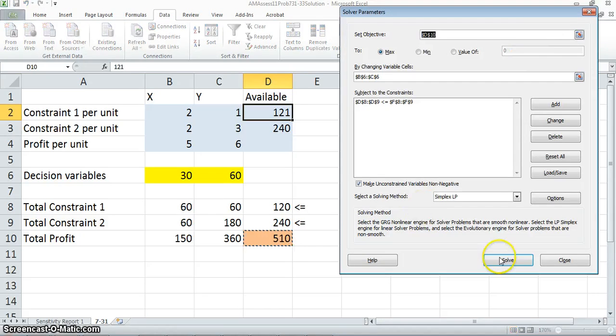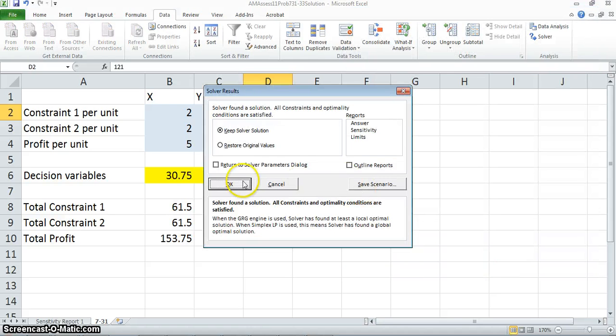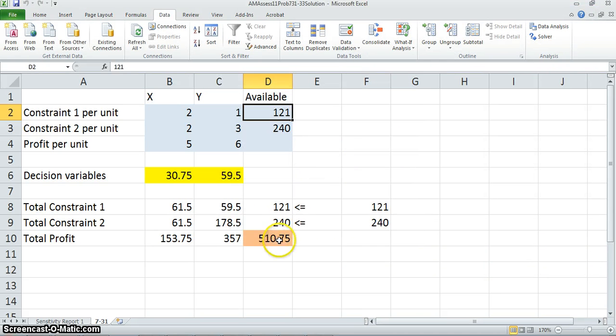If we resolve, notice that profit has increased from $510 by 75 cents. This does require a new value of the optimal solution for the decision variables, and these values aren't available on the sensitivity report.